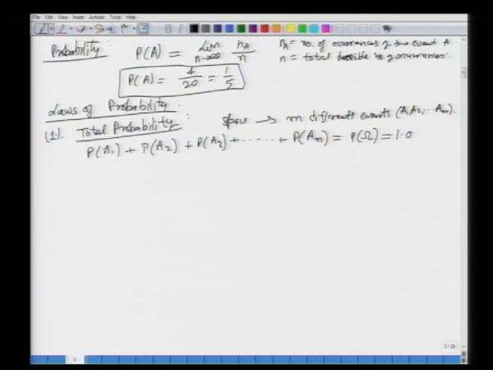For example, in your earlier case, let me go back up here, you had 20 years of data in total. For 4 years, what was the event A? Event A was that your annual rainfall was less than or equal to 20.